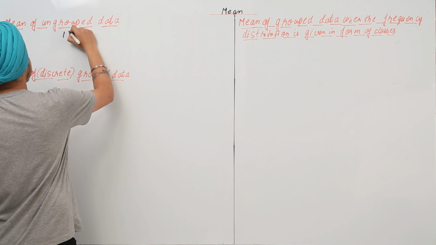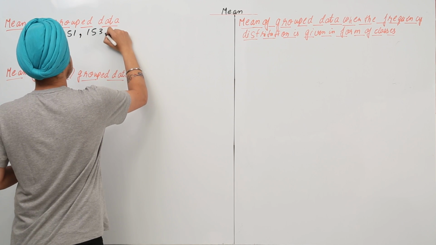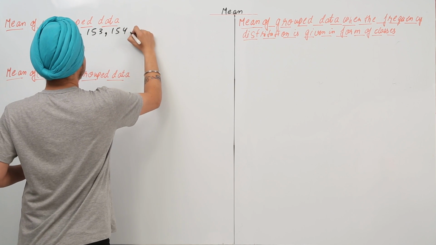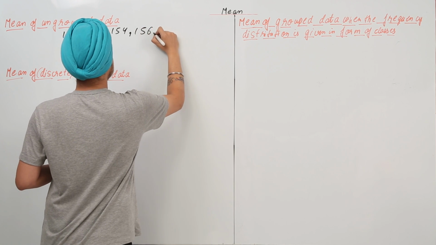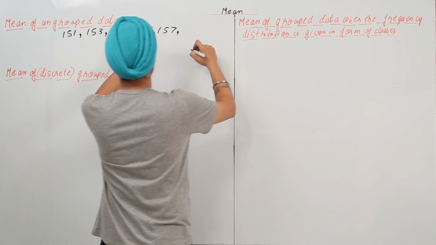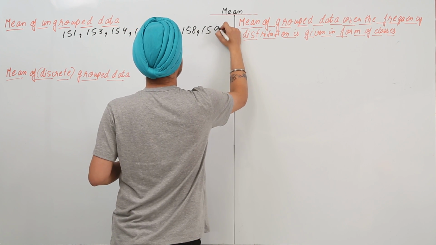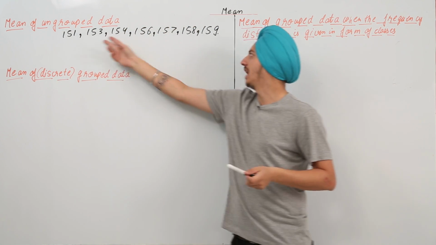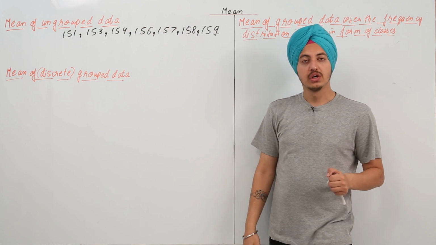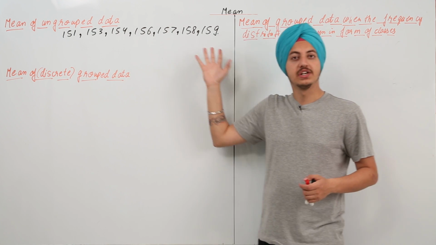The heights are 151 centimeters, 153 centimeters, 154, 156, 157, 158 and 159. So these are the heights of 7 students. This is an ungrouped data.